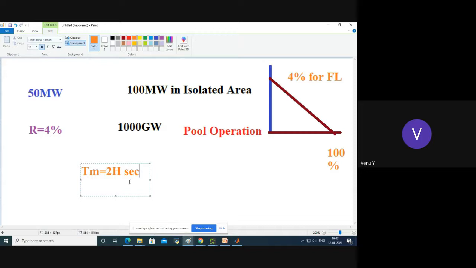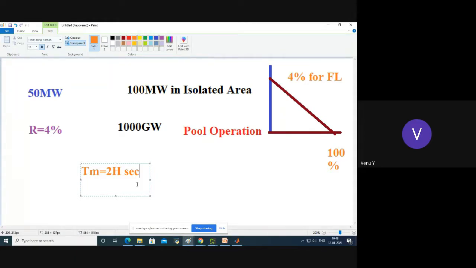This is the time required to start the machine from standstill position to rated speed, which is also known as the mechanical time constant. If anybody wants to understand it in detail, you can refer to Power System Stability and Control by Prabha Kundur.